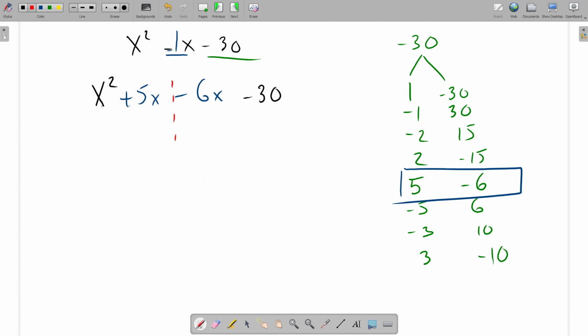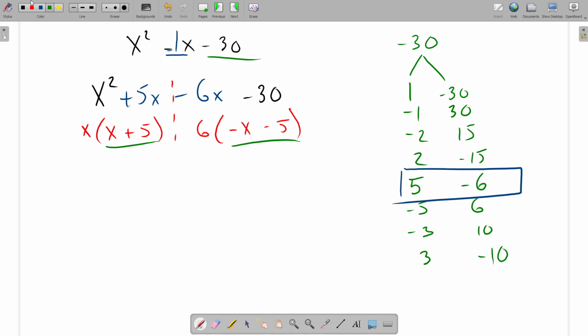So looking at the two terms on the left, the x squared and the 5x, what's the greatest common factor? Well, that's an x. What are we left with? x plus 5. On the right, negative 6 and negative 30. We could take out a 6 and be left with negative x and negative 5. But these are not the same.